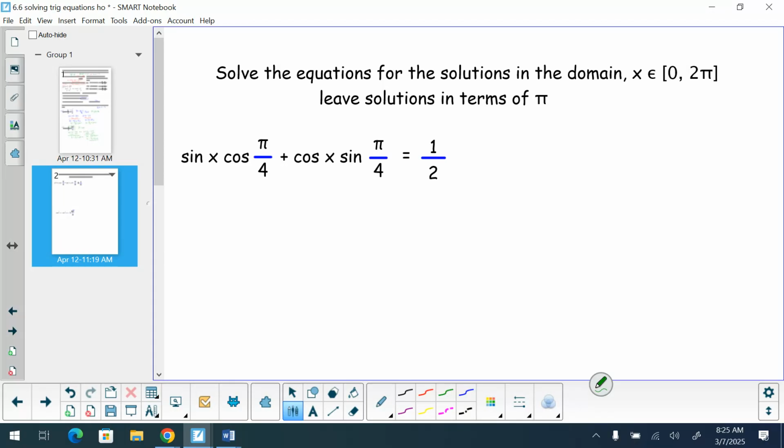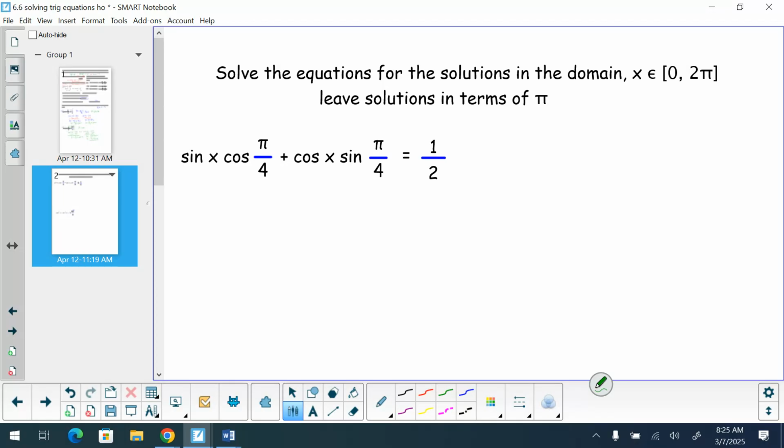Do we have a formula that will condense sine cosine plus cosine sine? Which one was that? Zoe?